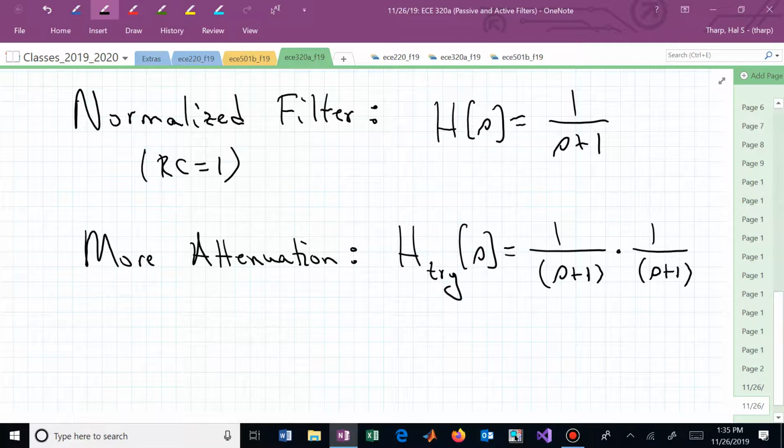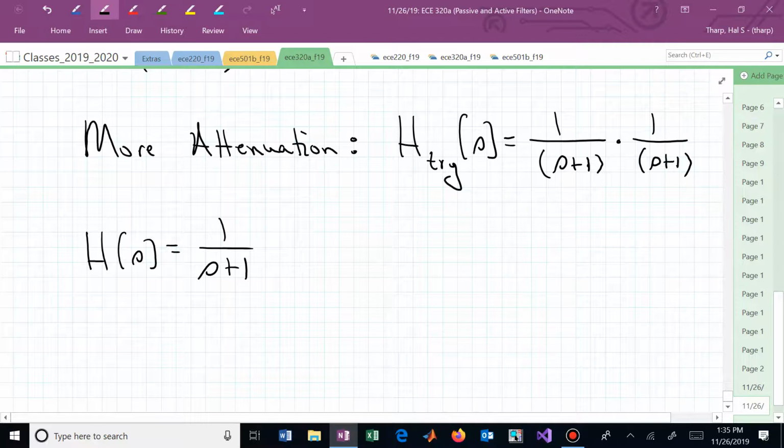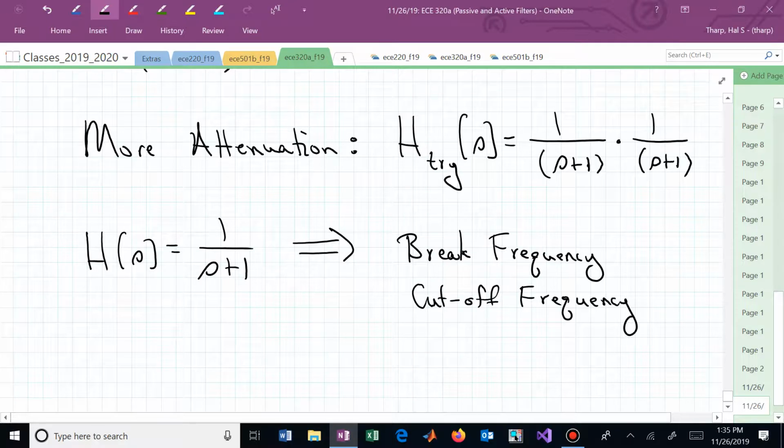If we look at the normalized first order, what's the break frequency, or what's the cutoff frequency, or what's the minus 3 dB bandwidth?